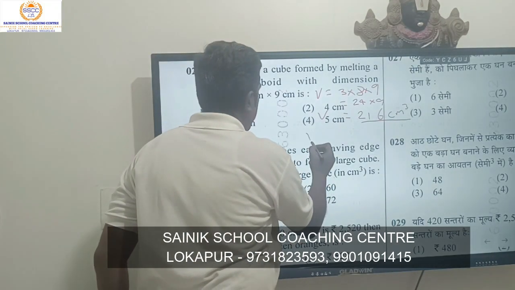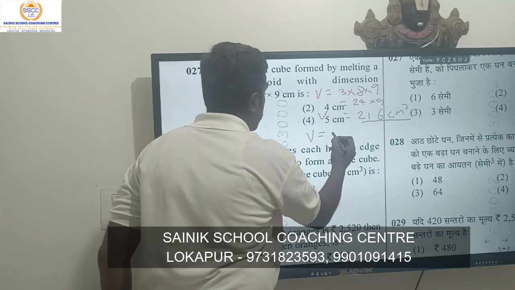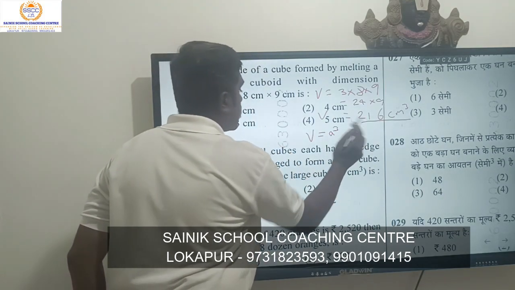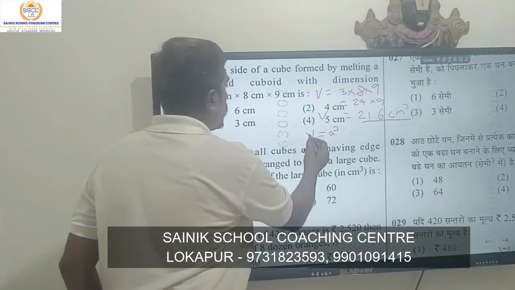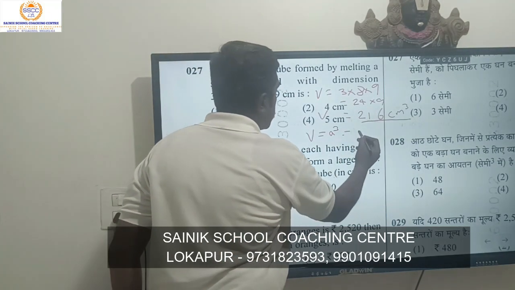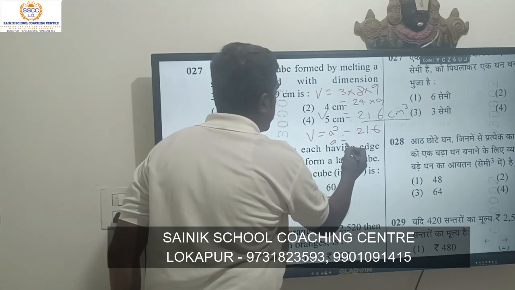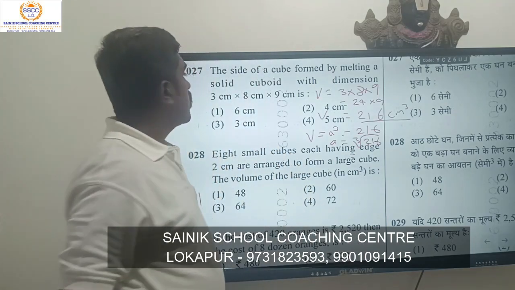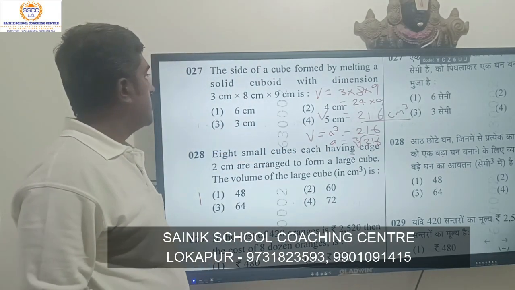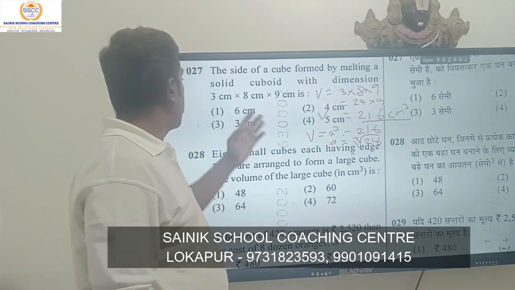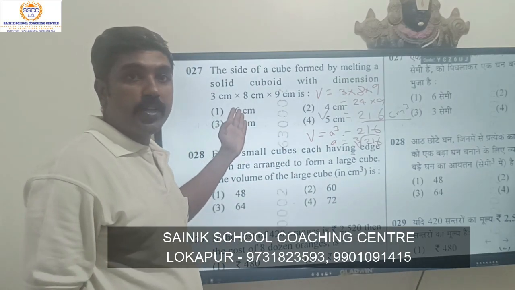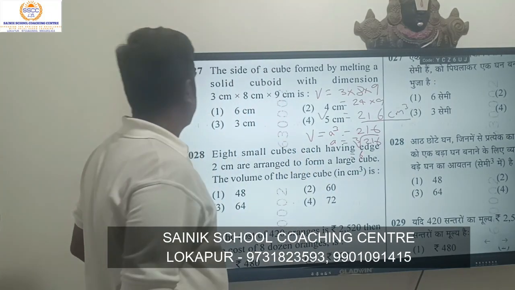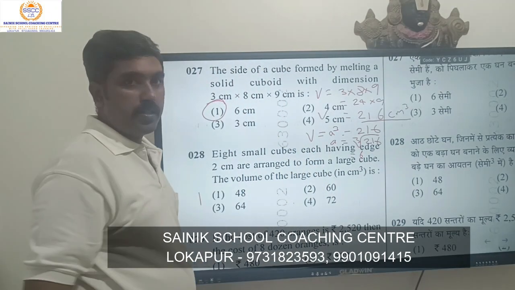Now we know the volume of a cube is a cube, where a is the side of the cube. But we know that the volume of the cube is 216. Therefore, a is equal to the cube root of 216. What is the cube root of 216? Answer is 6. 6 cube is 216. So the answer is option A.